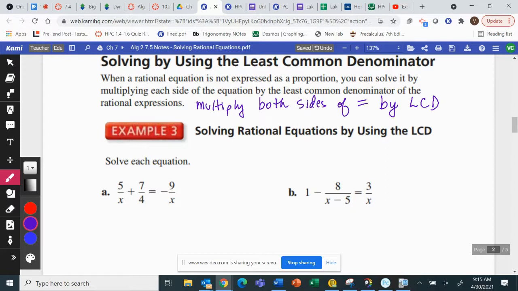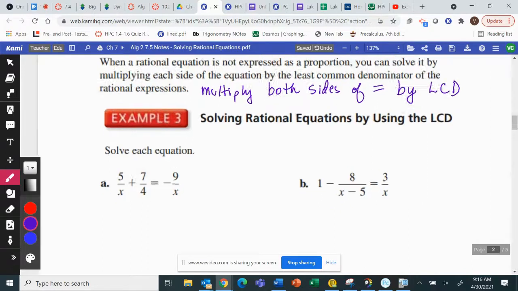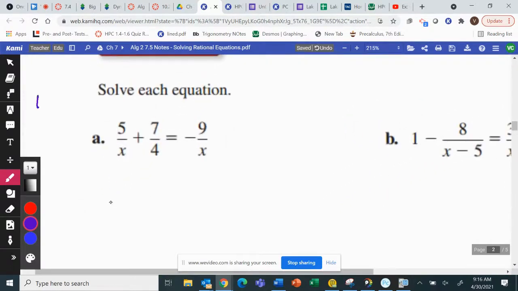So the first thing we need to figure out for example A is what is our LCD, our lowest common denominator. Hopefully we can look at it and figure it out. If not, then we'll have to factor and combine the common factors and add in the extra factors. What is the lowest common denominator for x, 4, and x? 4x.